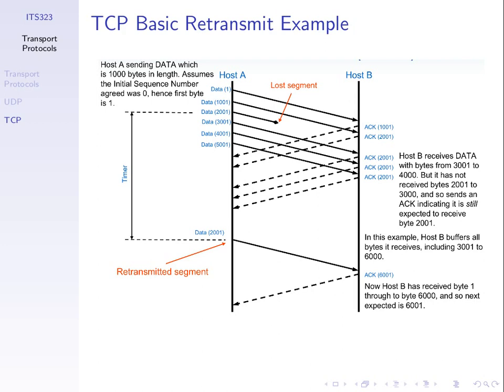B receives that, so now it has 1 through to 6 and sends back an ACK and would now be expecting the next segment. There are many details of how that works in different cases, but that's the basics of how retransmission works in TCP. It's going to become important when we look at congestion control.